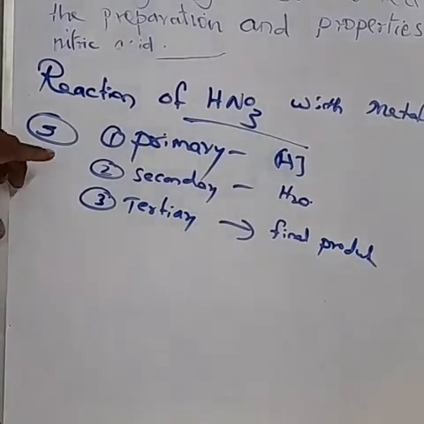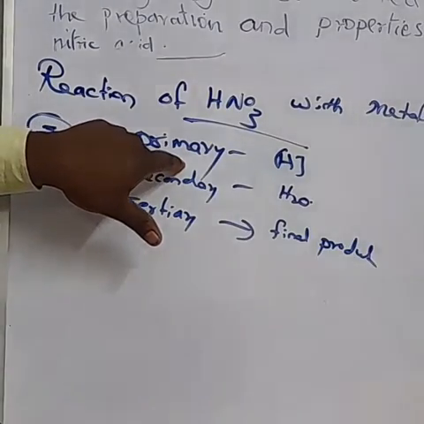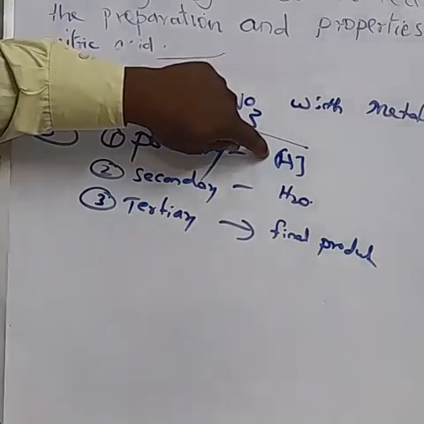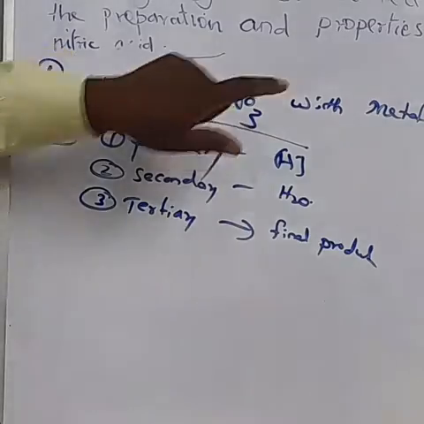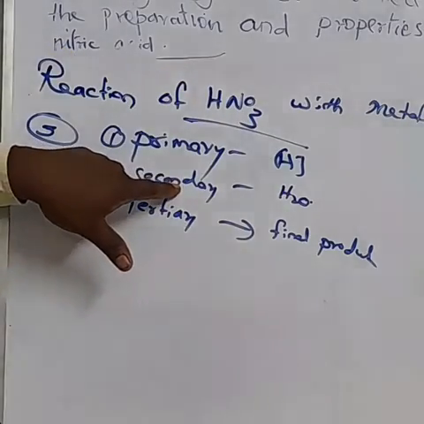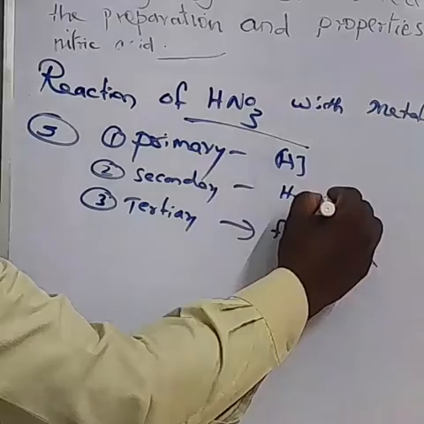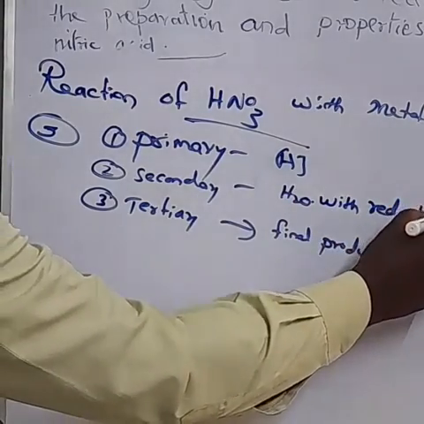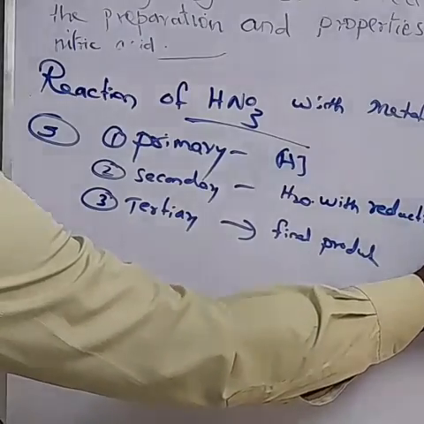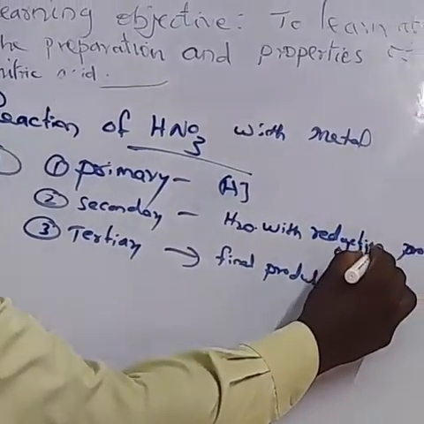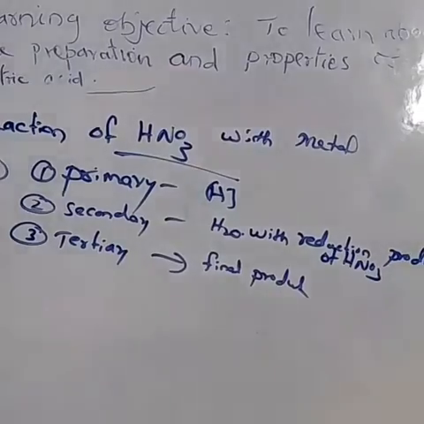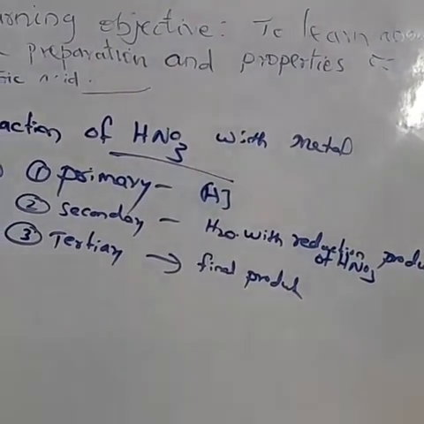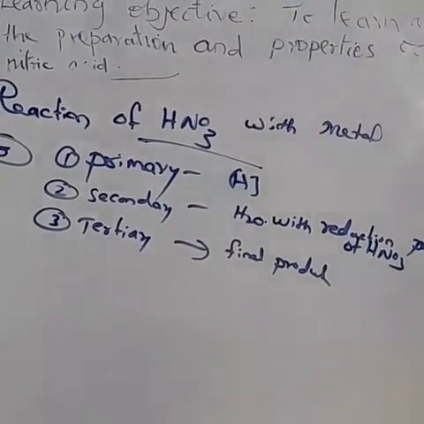Okay. In the first step, nascent hydrogen is released. In the second step, this nascent hydrogen produces the reduction product of nitric acid. During the tertiary step, the reaction is either a decomposition or a reaction, and we get a final product.